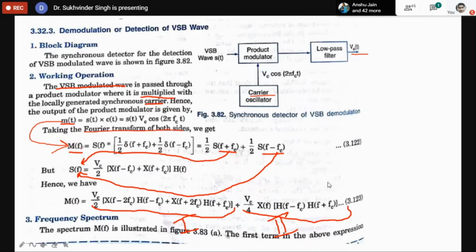We have already discussed how to transfer the time domain wave equations of the modulating wave, carrier wave, and modulated wave into frequency domain analysis. So M(f) is the modulated wave in the frequency domain, which is equal to half S(f) plus minus fc.